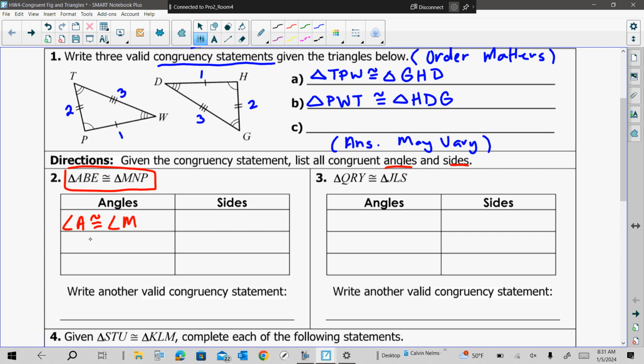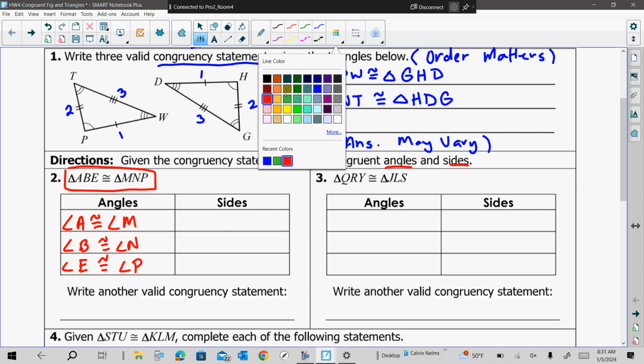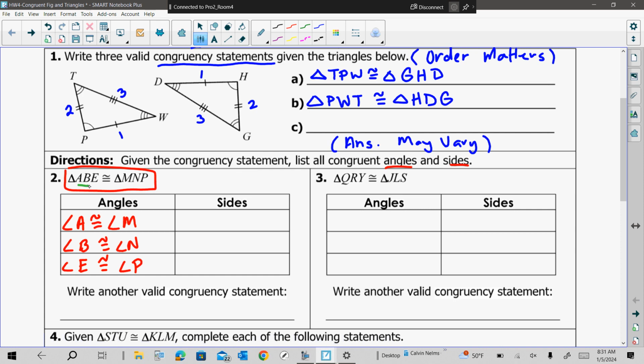So that means angle B is congruent to angle N, because those are the middle letters, and E is congruent to angle P. Now to do sides, we need 2 letters. If I start with the first 2, AB, AB is congruent to MN, the next first 2.